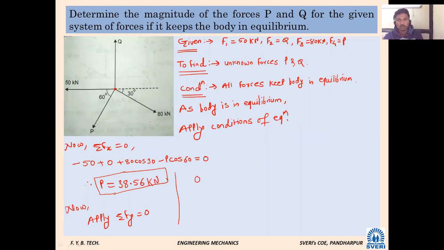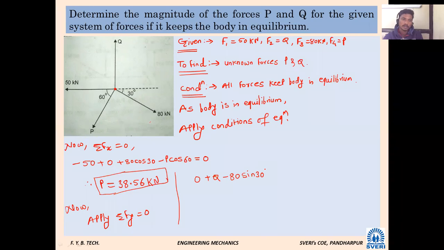Very good. What will be the Y component of the second force Q? Plus Q. What will be the Y component of the third force 80 kilonewton, which is inclined at 30 degrees with horizontal? Minus 80 sin 30.